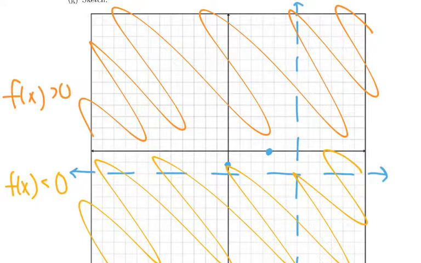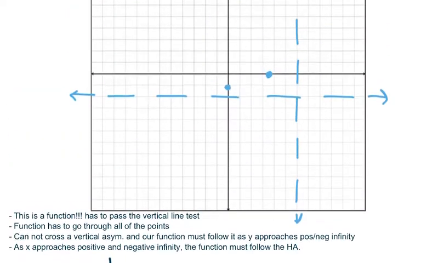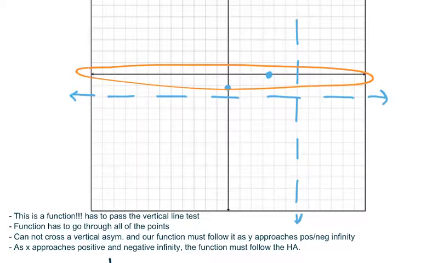So having this information, knowing where on our graph the function is going to be, helps us get a good sketch of it. Well, to find out where it's positive and negative, we need to take into account the places where it could cross the x-axis, right? We know that this is not possible because we don't have an intercept right here. We can't graphically cross the x-axis there.